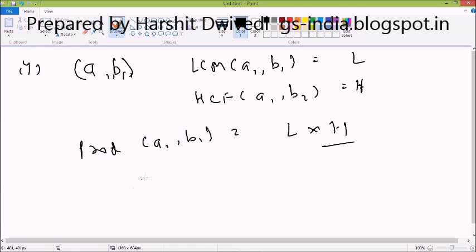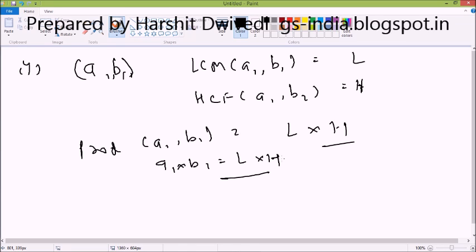That means A1 into B1 is equal to LCM into HCF. This is a very simple thing that you need to remember: if there are two numbers A1 and B1 and their LCM is L and their HCF is H, then the product of those two numbers, A1 into B1, will be the product of LCM and HCF.